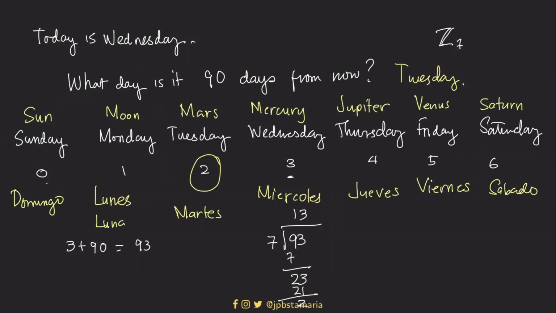Gusto nila gumawa ng system of time para makapag-navigate. Ang in-observe nila yung mga planetary motions sa langit. Hanggang napansin nila yung pitong pinakamaliwanag na objects na nakikita sa night sky. Ito yung pito na yun. And with reference to the 7, doon nila pinangalan yung 7 days of the week.